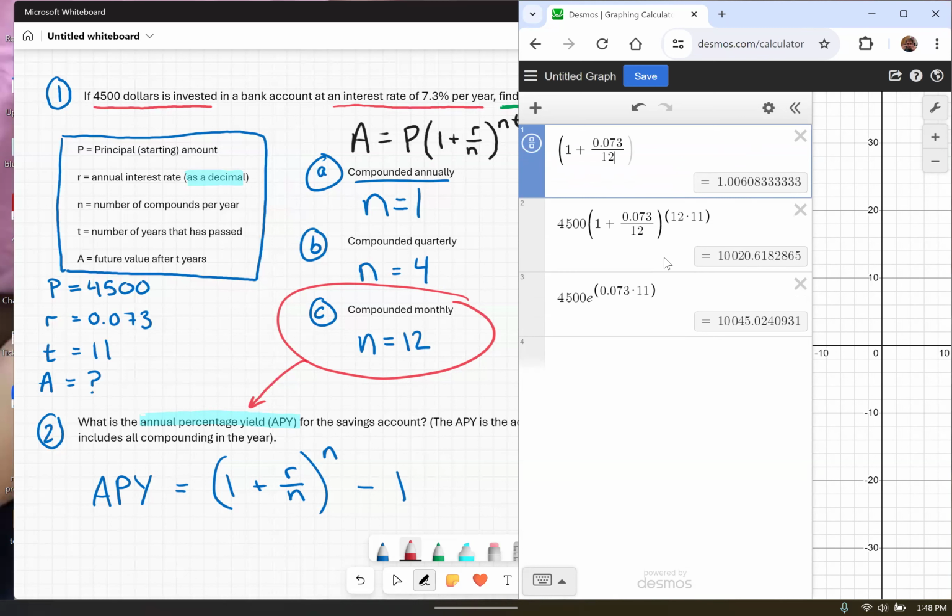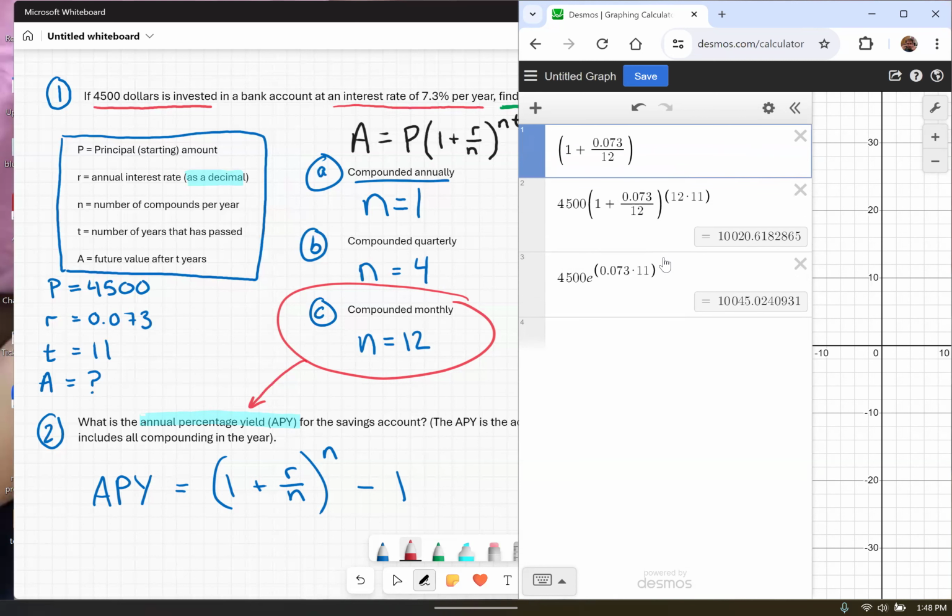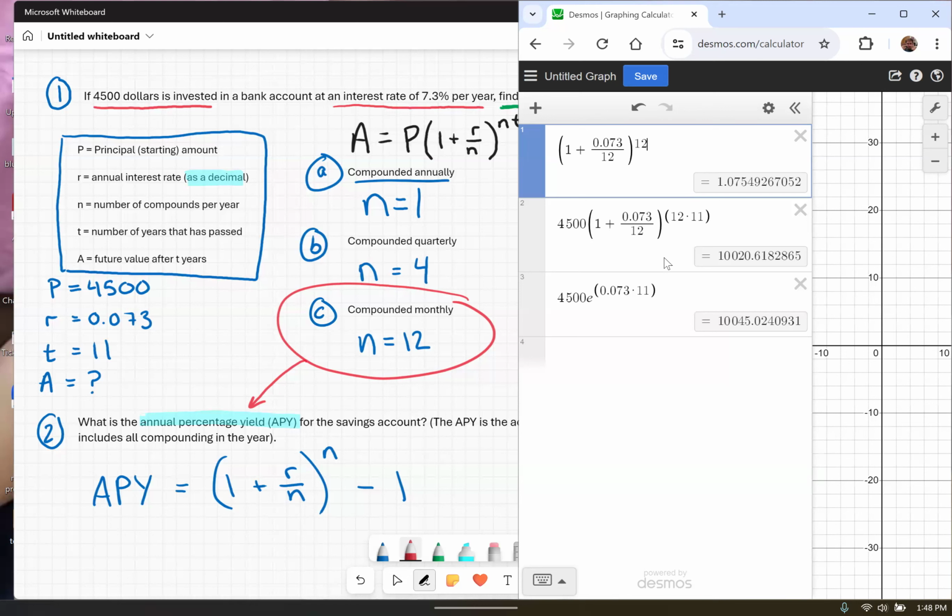I'll use the right arrow key to move the cursor. Close the parenthesis. Raised to the power of N, so to the power of 12. Minus 1.